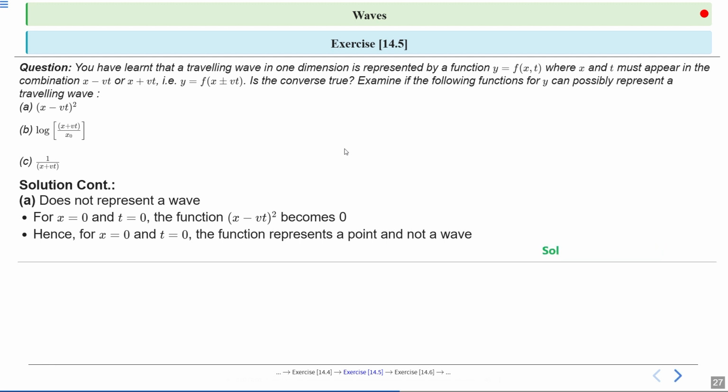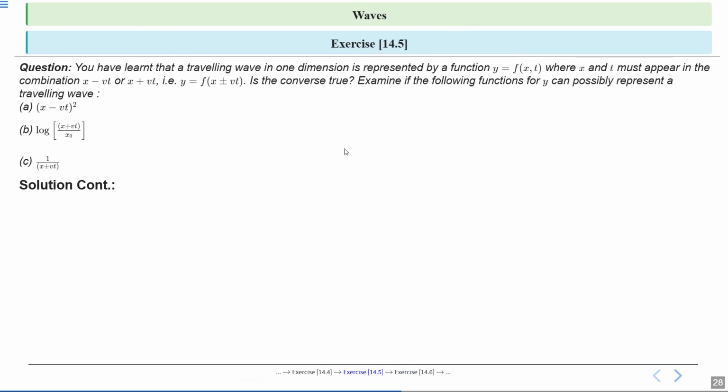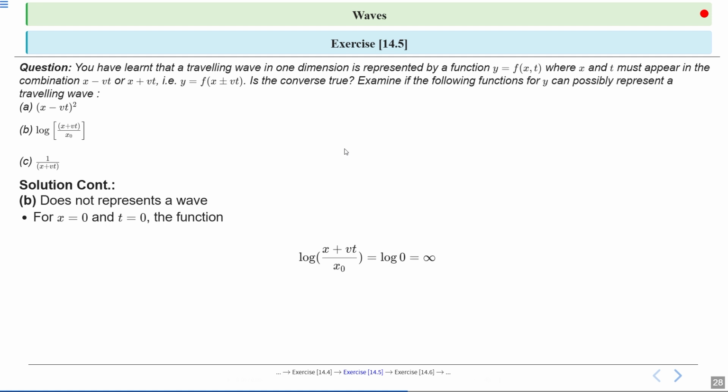So, let's see the second part. B does not represent a wave. At x equal to 0 and t equal to 0, the function represents the initial conditions of a system. This equation shows a situation after substitution where the logarithm of 0 is being calculated.